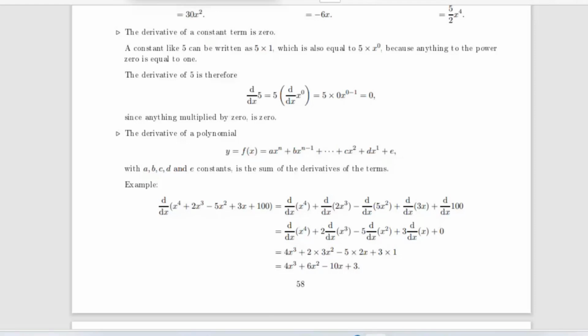Molemani, please write x on a piece of paper. Yes, I'm doing it now. To that x, please, let me rephrase what I just said. Please write x to the power 1, because x is the same as x to the power 1.